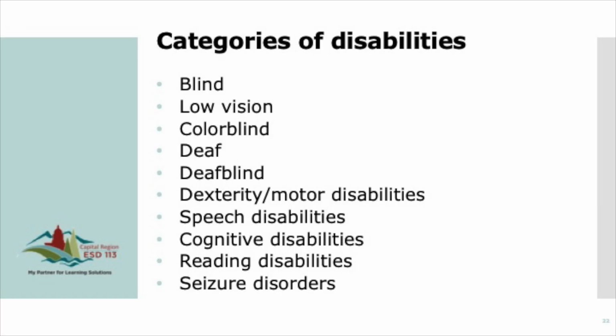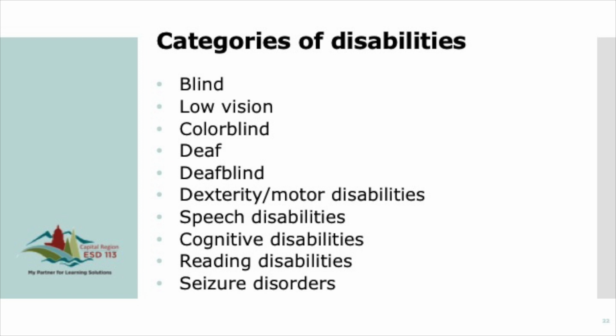So there are categories of disabilities in lots of different ways, and some people have multiple disabilities, so it's not that there's just one. One category would be visual disabilities like blindness, low vision, color blindness.